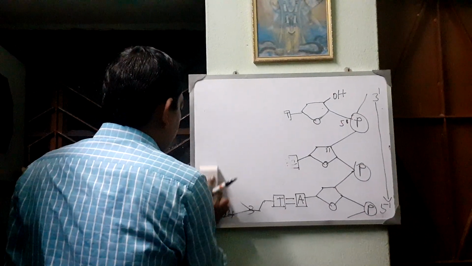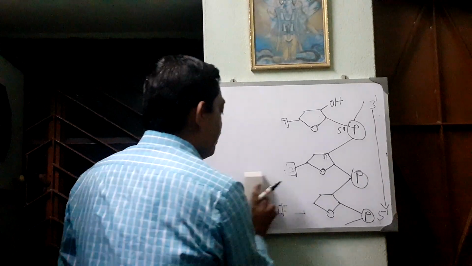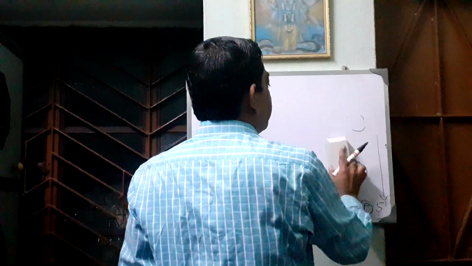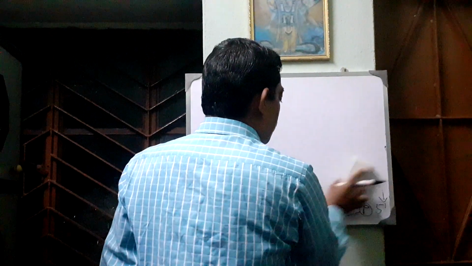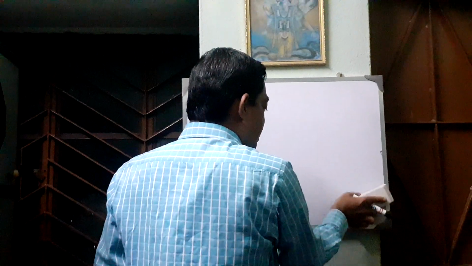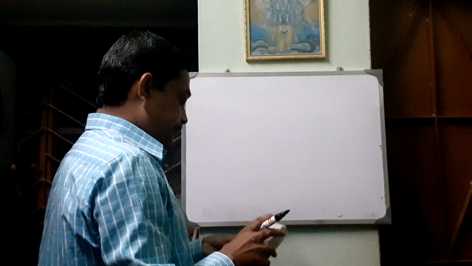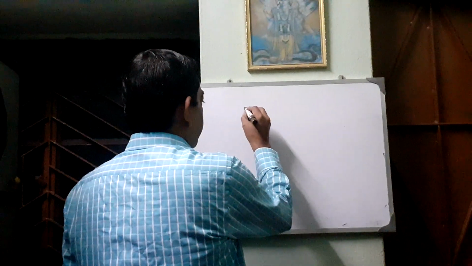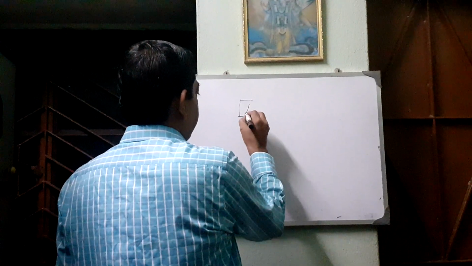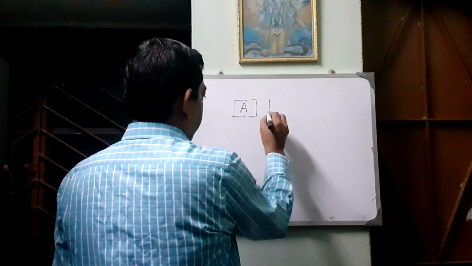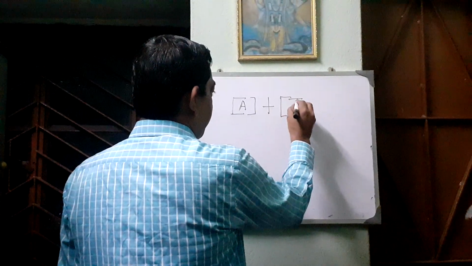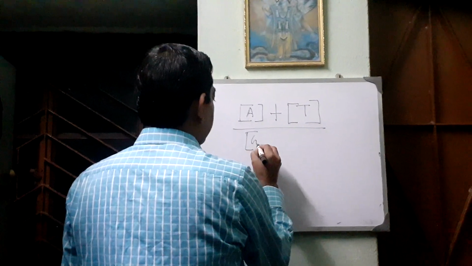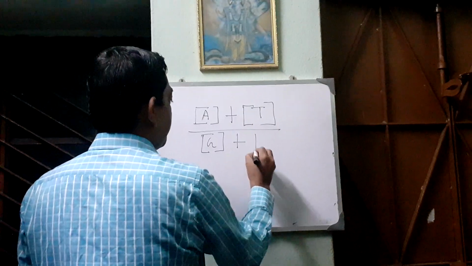Now you know that 4 purine and pyrimidine bases are present in DNA. In the deoxyribonucleic acid structure there will be a ratio of A (adenine) plus T, divided by G (guanine) plus cytosine.